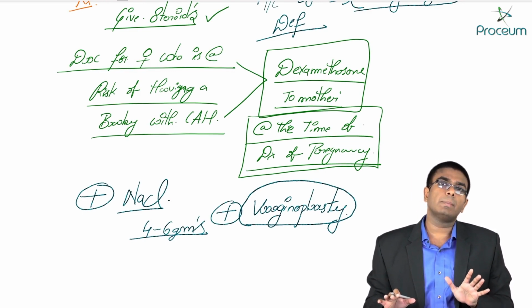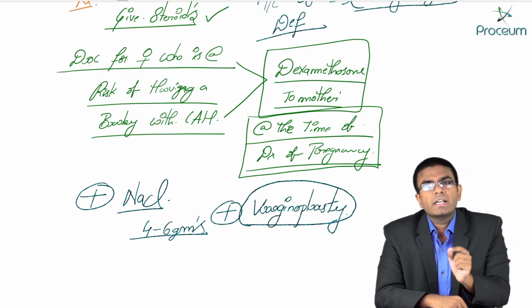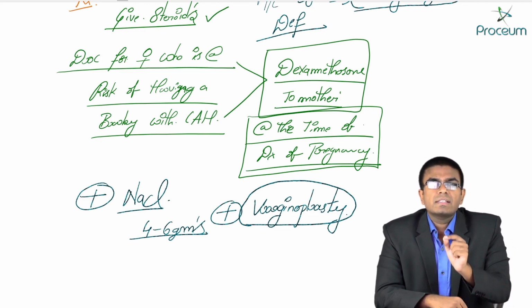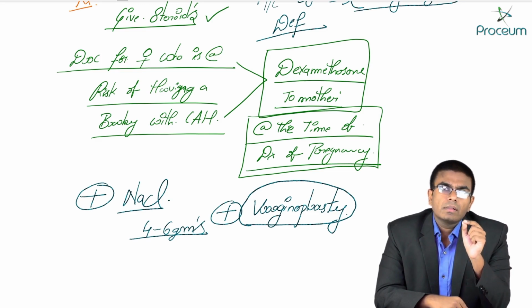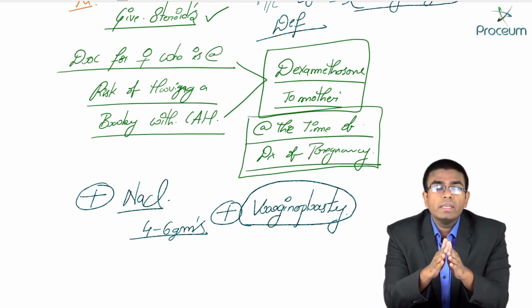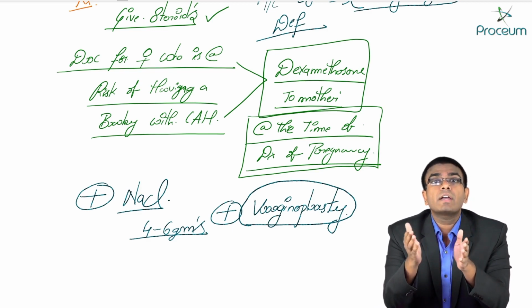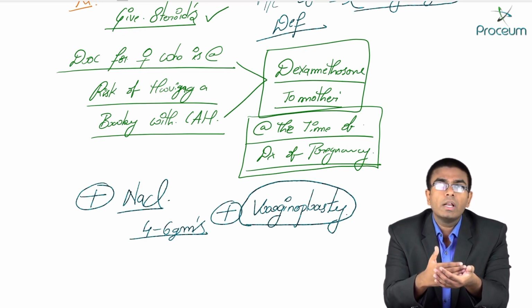Students, also remember that in congenital adrenal hyperplasia, as there is deficiency of 21 hydroxylase, the 17 hydroxyprogesterone, which is supposed to be converted into 3 different hormones, is not converting into aldosterone and cortisol.